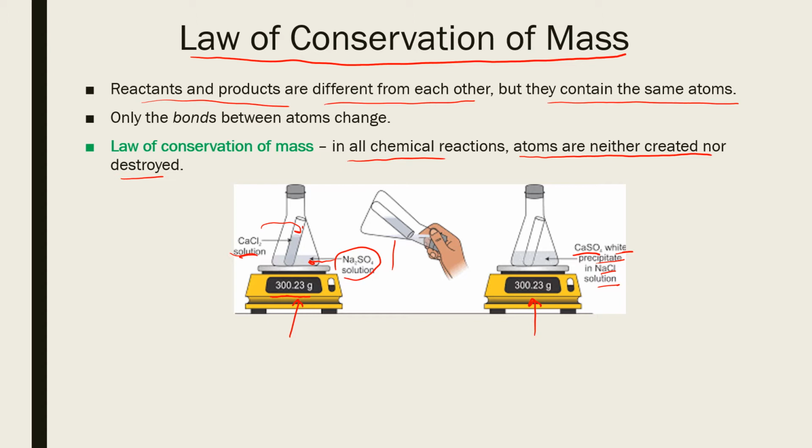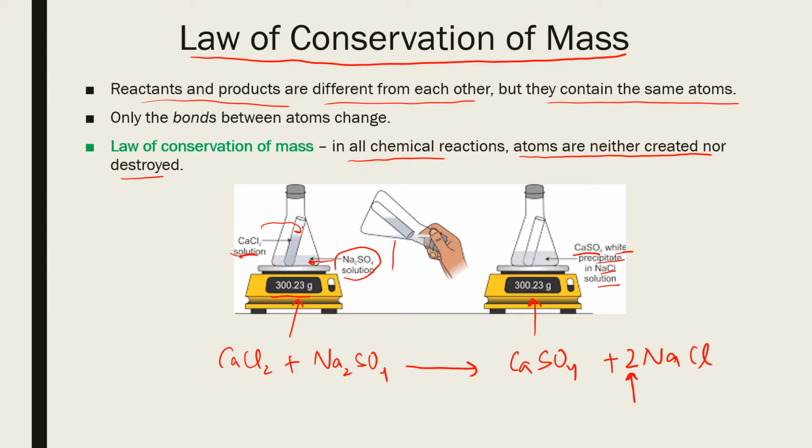So what's happening in this reaction is calcium chloride is reacting with sodium sulfate, and the end product is calcium sulfate plus sodium chloride. The meaning of this 2 we will learn a few slides later.